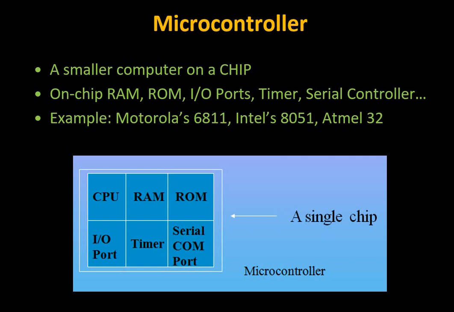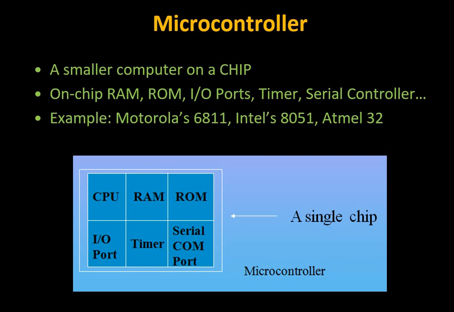Also, a smaller computer on chip device consists of on-chip RAM, ROM, that is read-only memory and random access memory, and input-output ports including timer and serial controller, with which we can transmit the data serially. There are some examples, including Motorola 6811, Intel's 8051, Atmel 32.